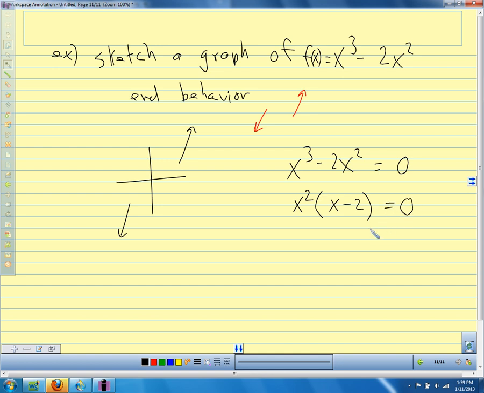So where is it going to hit the x-axis? x equals 2 and x equals 0. So I know that it's going over on this side. It's going to go through the x-axis at x equals 2.